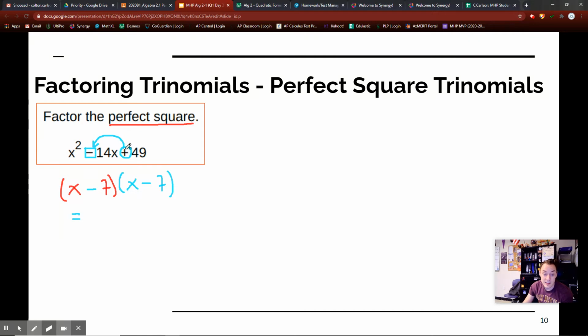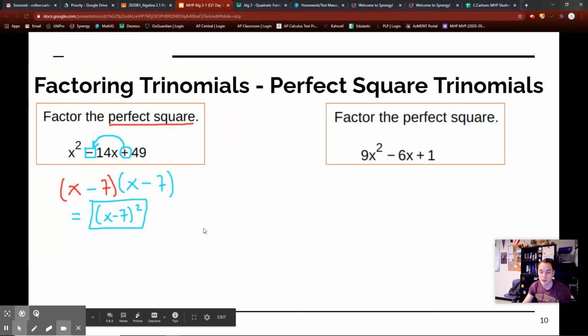That's review, and I'm going to get more into that later. This can be simplified down to x minus 7 squared. Perfect.